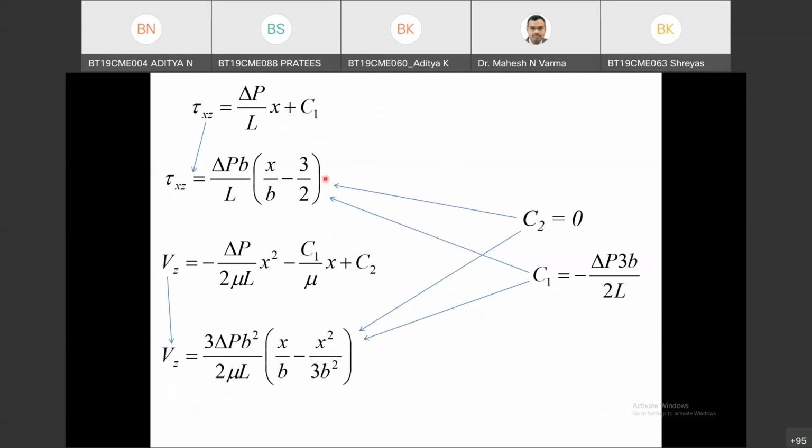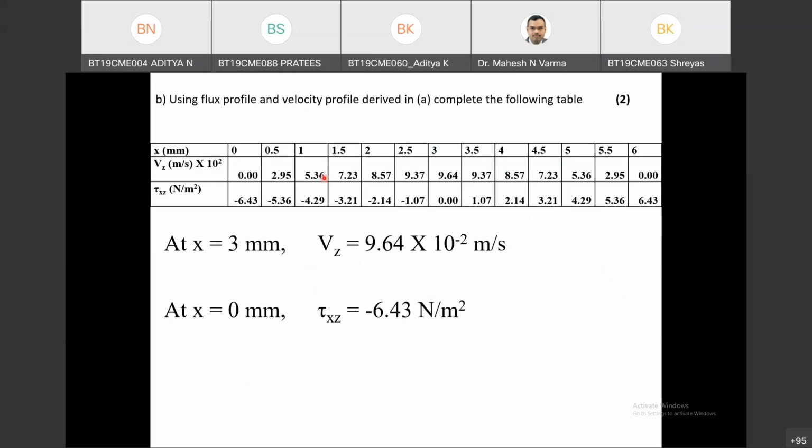Similarly, you can calculate from the flux profile equation. So say at x equals 0, tau xz is, so you can use this and get. What is this negative sign indicating? Negative sign of the flux.